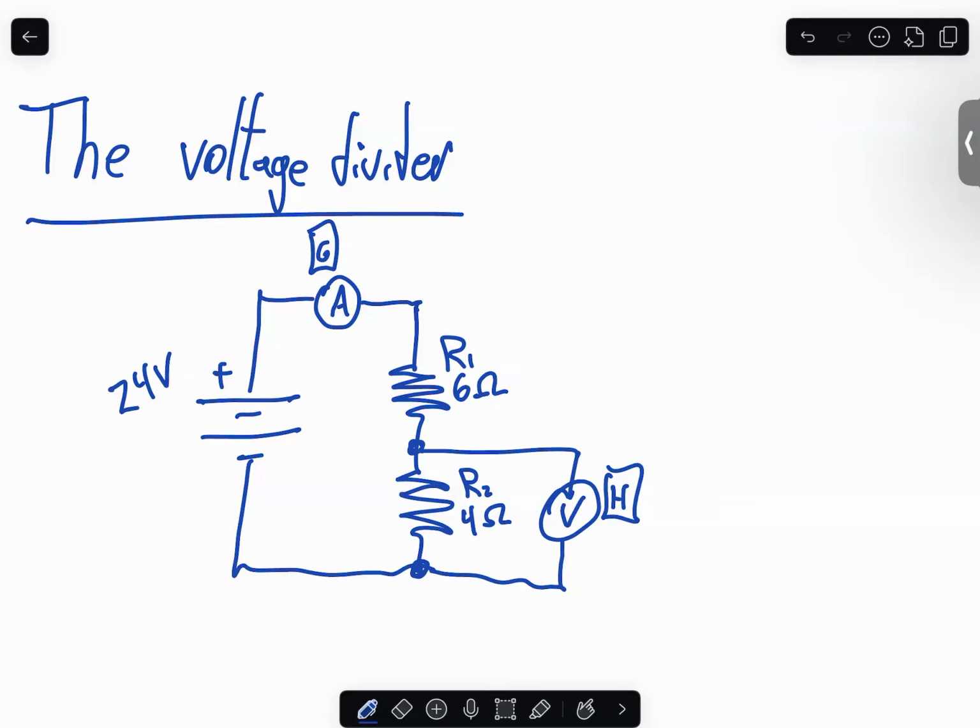If 2.4 amps leave the battery, 2.4 amps pass through this ammeter, which also should make some kind of sense. If this were just a wire, 2.4 amps would flow through it. Since there's an ammeter that acts like a wire, still 2.4 amps. Okay, 2.4 amps enters resistor 1, flows through resistor 1, enters resistor 2, flows through resistor 2.